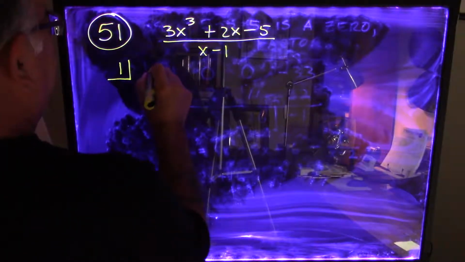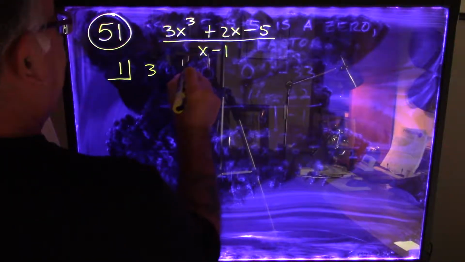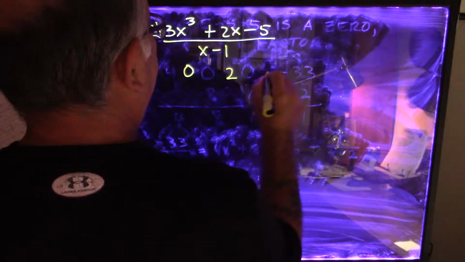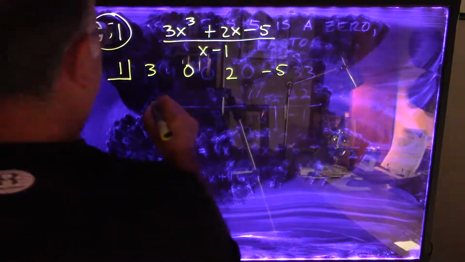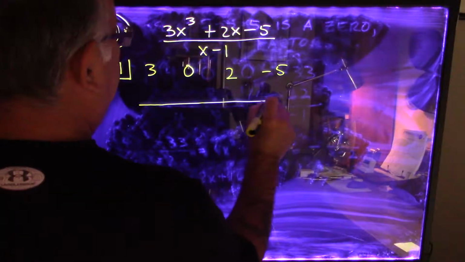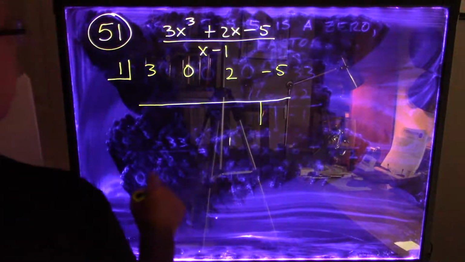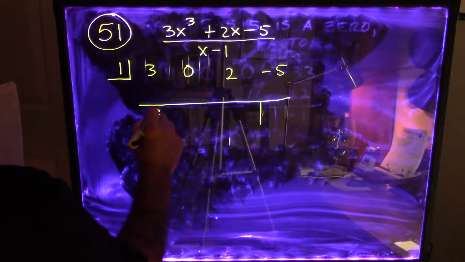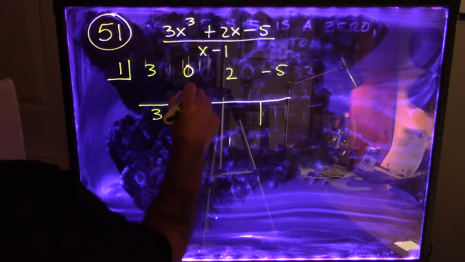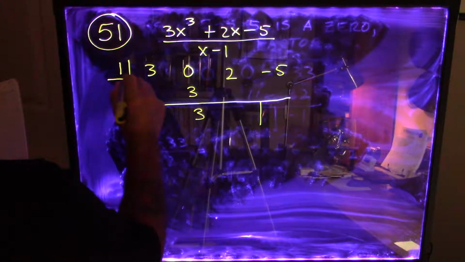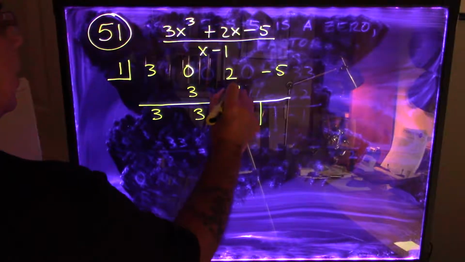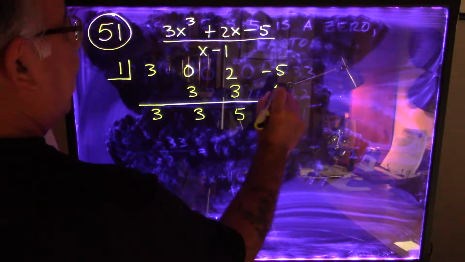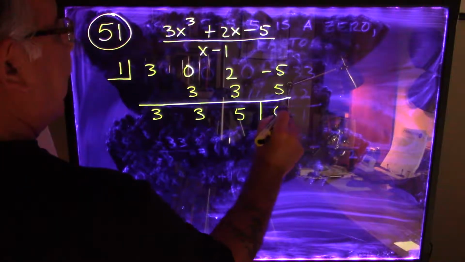Write out the coefficients of the dividend. 3x cubed, we've got a 0x squared, a 2x, and minus 5. So you bring down your 3. 1 times 3 is 3. 0 plus 3 is 3. 1 times 3 is 3. 2 plus 3 is 5. 1 times 5 is 5. Negative 5 plus 5 is 0.